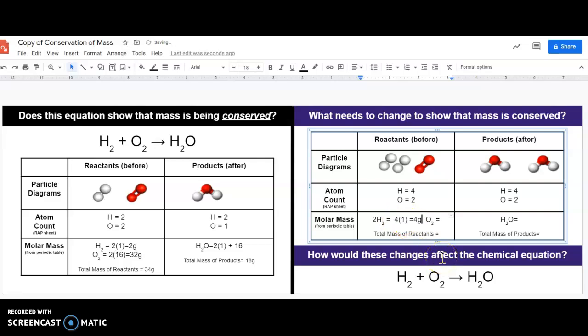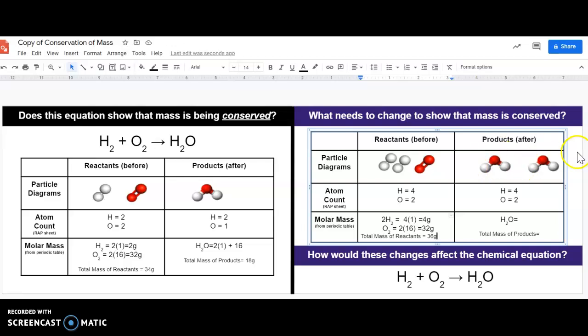So that would equal 4 grams. And then our oxygen, O2, we have 1 of those O2s. So 2 times 16 is 32. 32 plus 4 is going to be 36 grams. Over here on our reactants, that's our before.